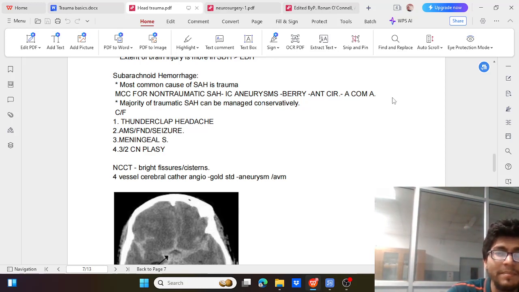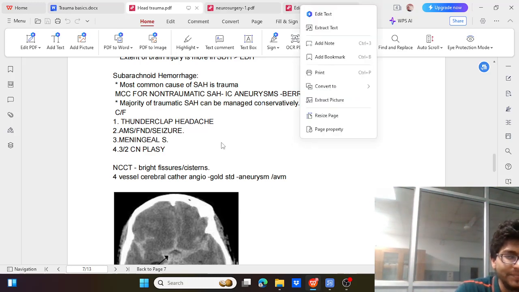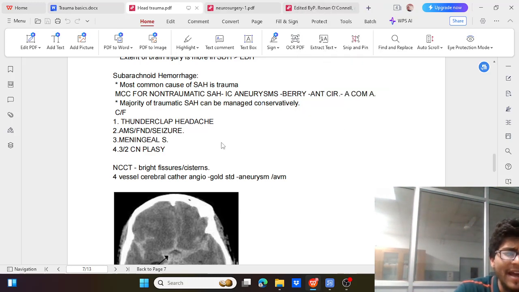In that part the berry aneurysms are most common, and they can bleed spontaneously, generally with some risk factors or the size. So the most common spontaneous cause of SAH is rupture of berry aneurysm from the anterior communicating artery. Then most of the trauma cases of SAH are managed conservatively, without any surgery.